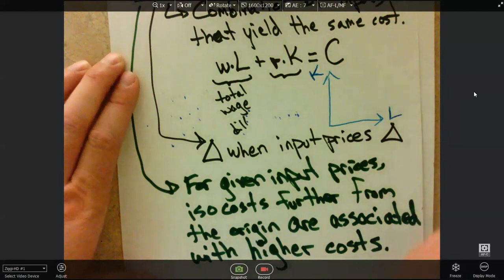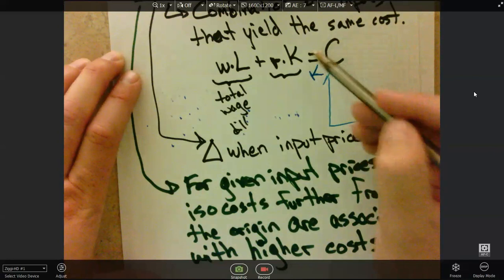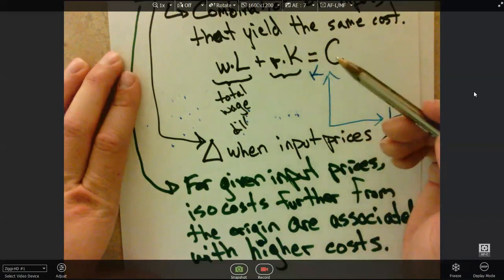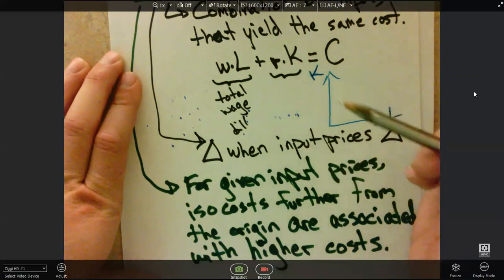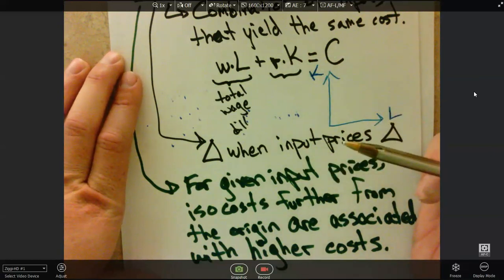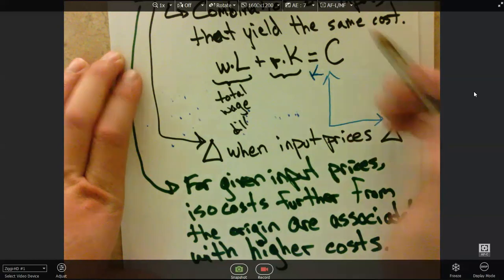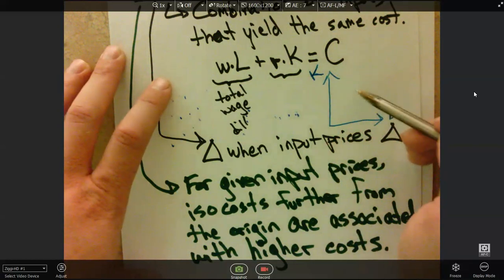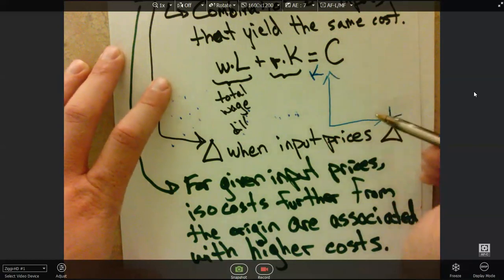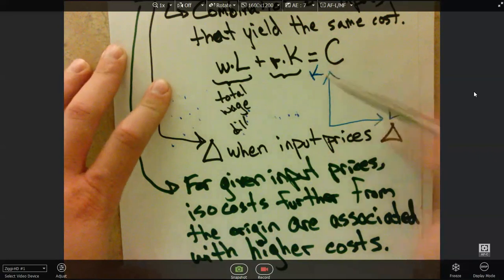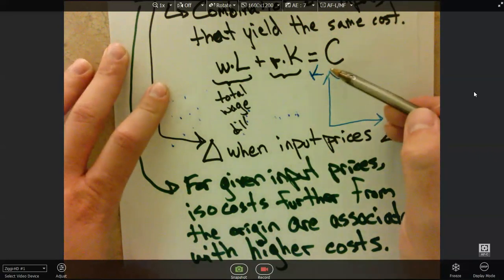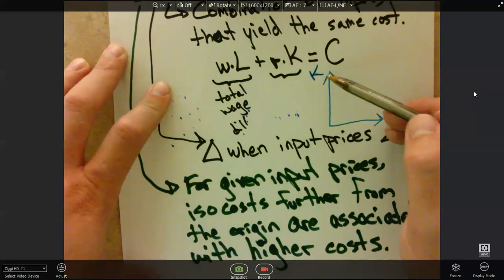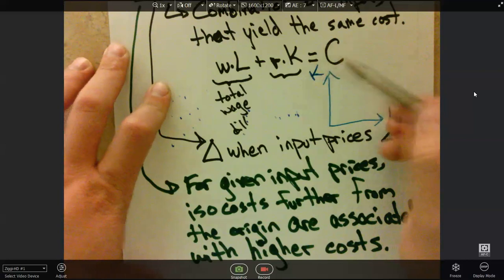But because that's the convention, what do we need to solve for when we're rearranging the iso-cost equation so that we can then graph our iso-costs? If we want to graph this onto this particular set of axes, the horizontal axis is L and the vertical axis is K. What do we need to have this cost equation in terms of?